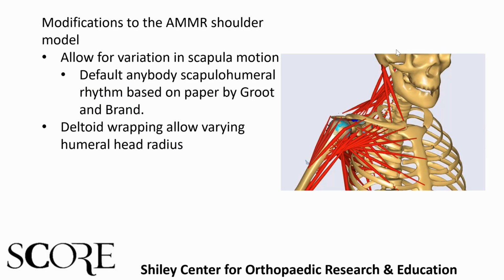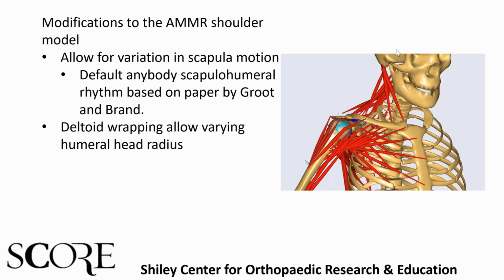We did make some modifications to the AnyBody shoulder model. We allowed for variation in scapular motion. By default, AnyBody scapulohumeral rhythm is based on the Gruden-Brand regression model, which is a relationship of the scapular motion to the humeral motion.